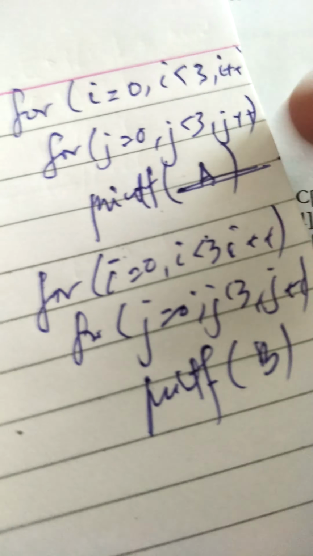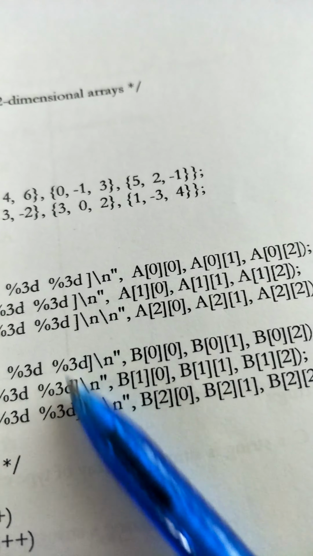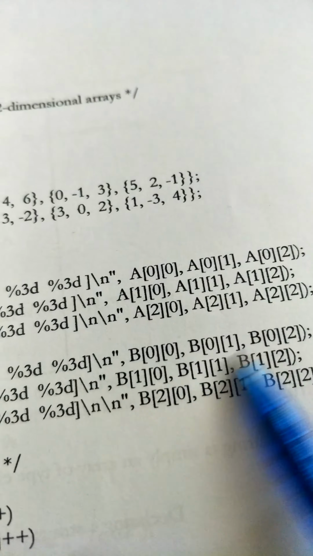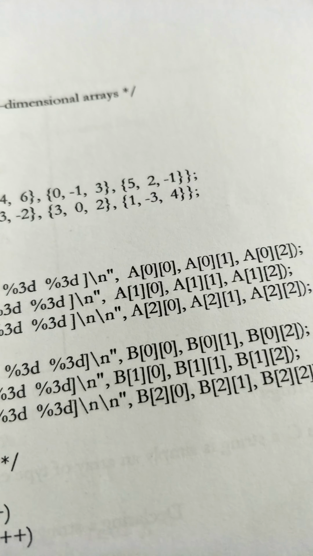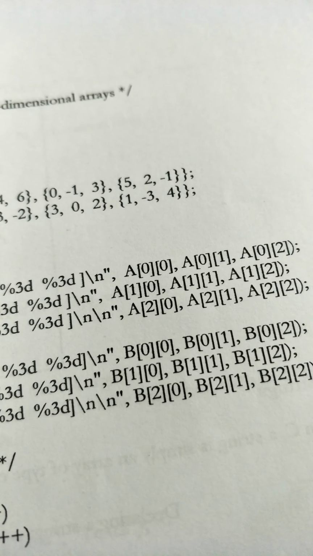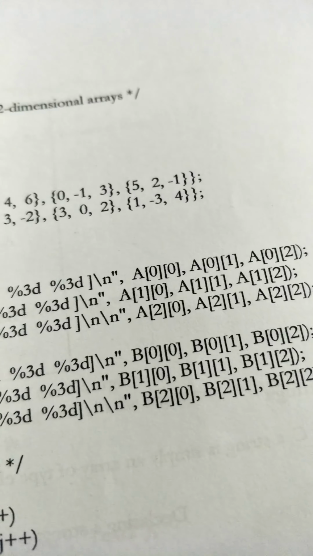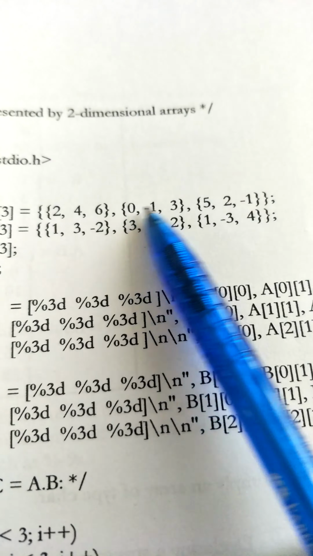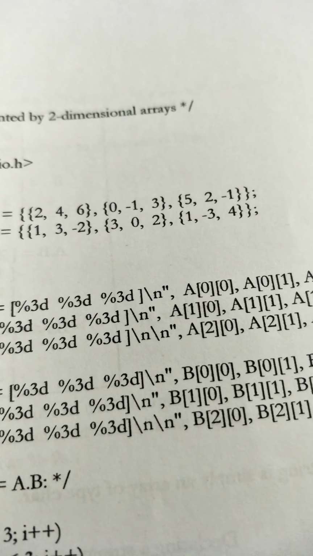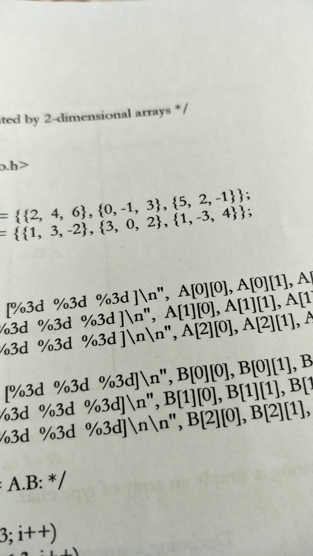Of course, this is a better way as compared to this one. So why did the author do this? Just to make you understand how to read and print each of those elements. So this is the element 2, 4, 6, 0, and so on. It prints element by element.